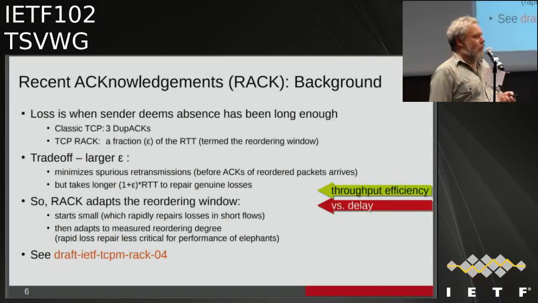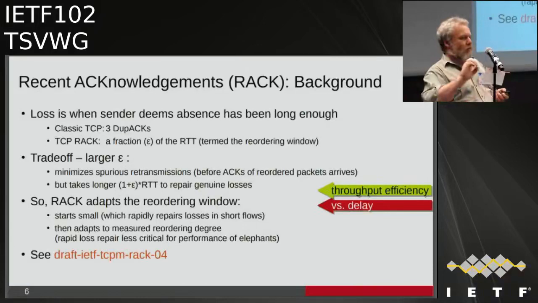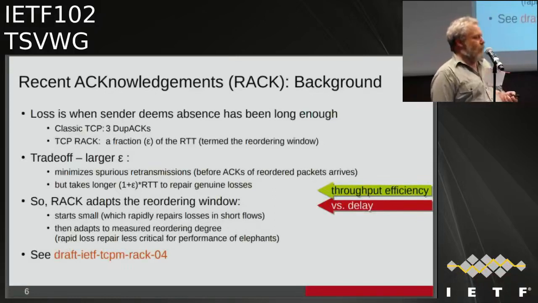However, of course, it will take longer to repair genuine losses, where longer is 1 plus epsilon times the round trip time, because it always takes a round trip time at least to repair a loss, because you've got to discover it, and then you've got to wait this extra epsilon. So you don't want epsilon to be too long, otherwise your losses take too long to repair, but you don't want it to be too short, otherwise you do too many retransmissions and waste bandwidth.